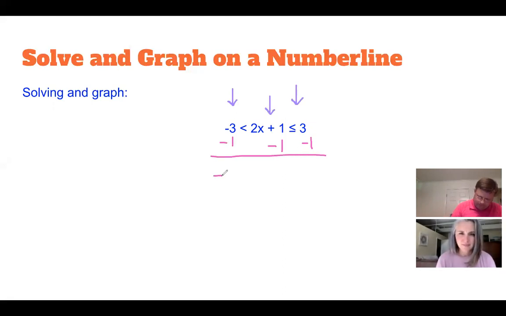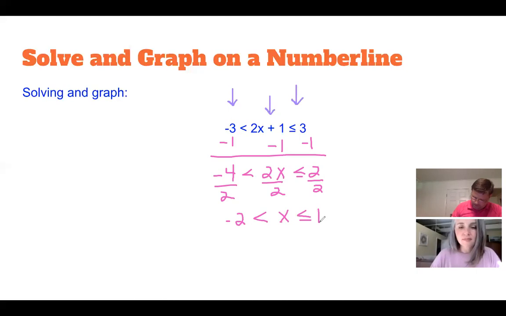That's going to give me -4 is less than 2x is less than or equal to 2. Then I'm going to divide everything by 2. So I get -2 is less than x is less than or equal to 1.